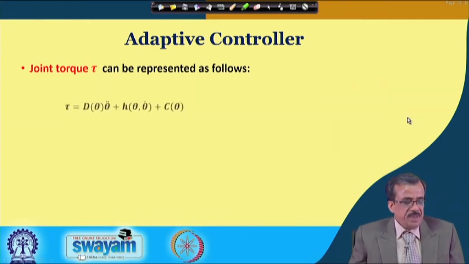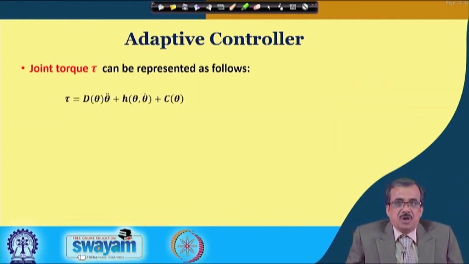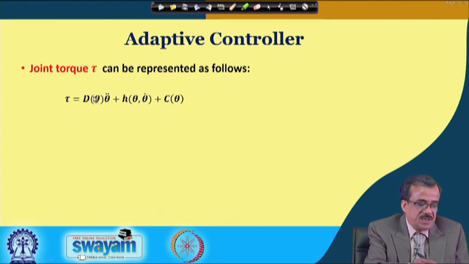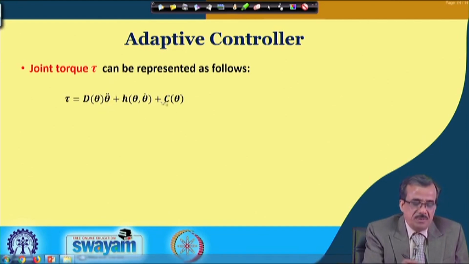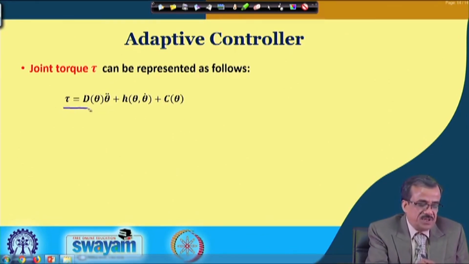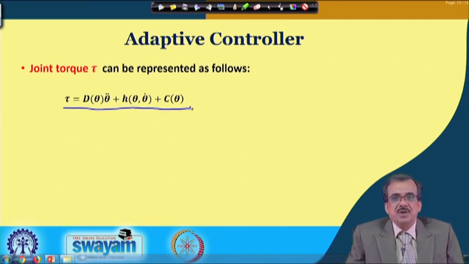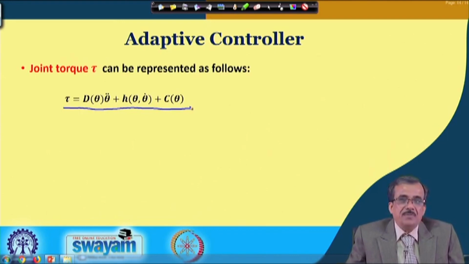Now if you see the joint torque of a robot, it has some components: tau is equal to D(theta) theta double dot plus H(theta, theta dot) plus C(theta). This expression is actually the joint torque. If I want to operate the robotic joint with the help of a DC motor, the motor will have to generate this amount of torque.